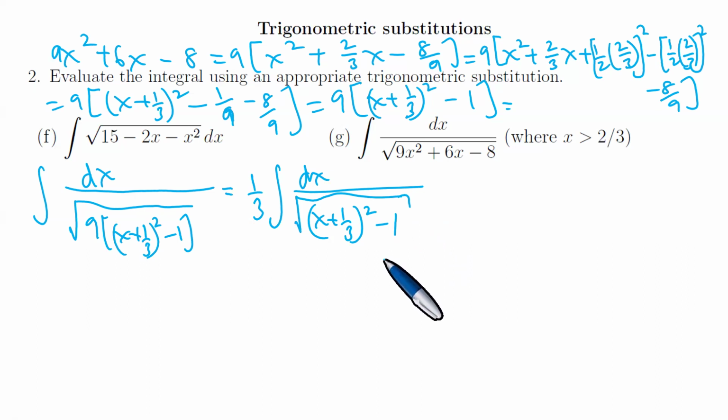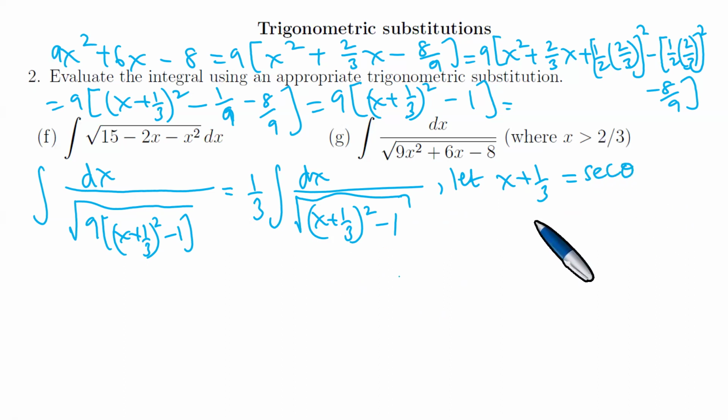Next, what do you do? Because the x term is first, you're going to let x plus 1/3 be equal to what? Let x plus 1/3, because it is first, it must become the sec of theta. Not only because it is first, but it is first minus 1. Because if it were first plus 1, then you're going to use the tan.